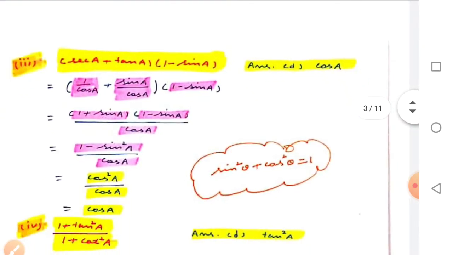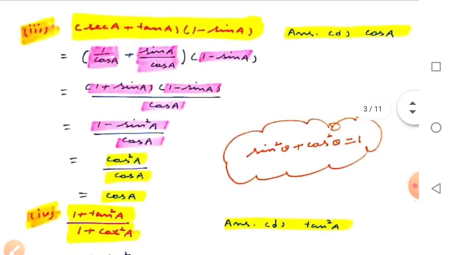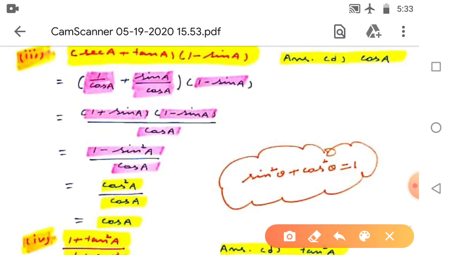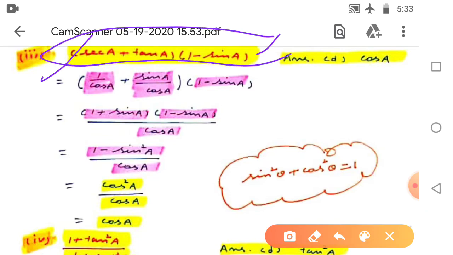Now come to part 3, and part 3 is this: sec theta plus tan theta into 1 minus sine theta. Here sec a plus tan a, bracket close, into 1 minus sine a. Again, we are not able to apply any identity here, right?